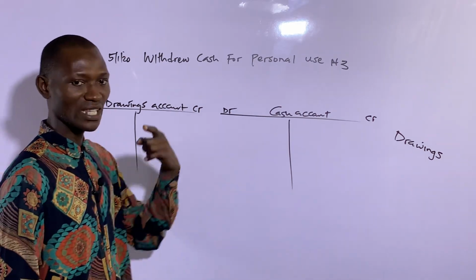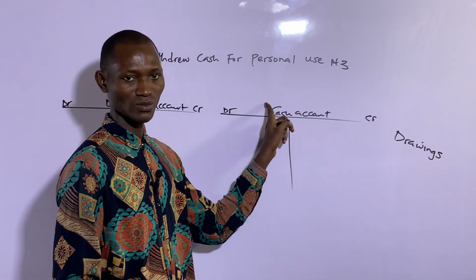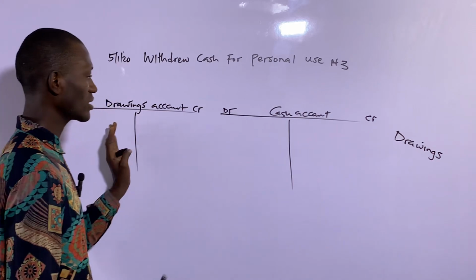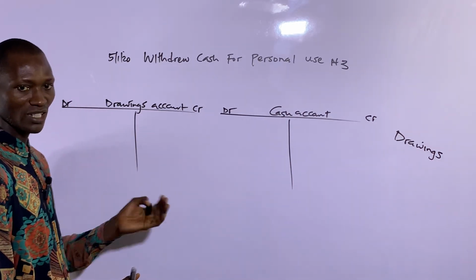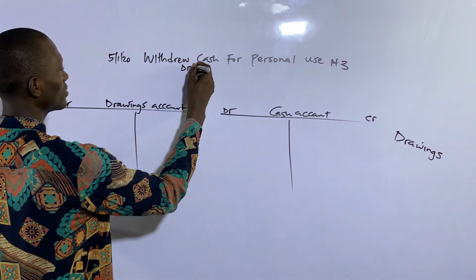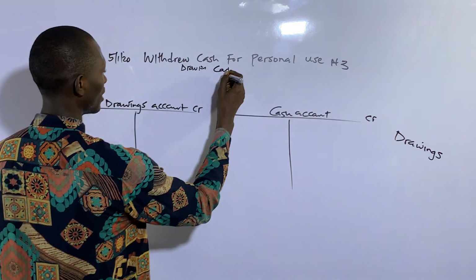And the account that is giving that to the owner of the business is cash. So cash account is giving, is reducing. Then drawings account is receiving, is increasing. That's what it means. So the two accounts are drawings and cash accounts.